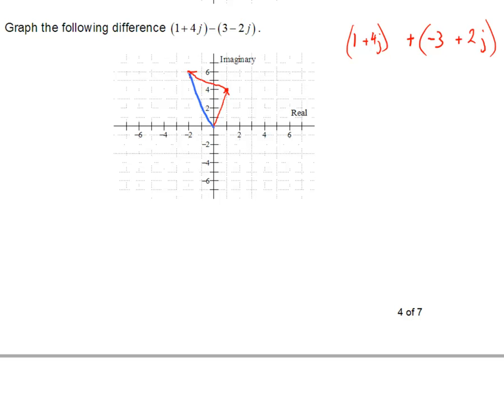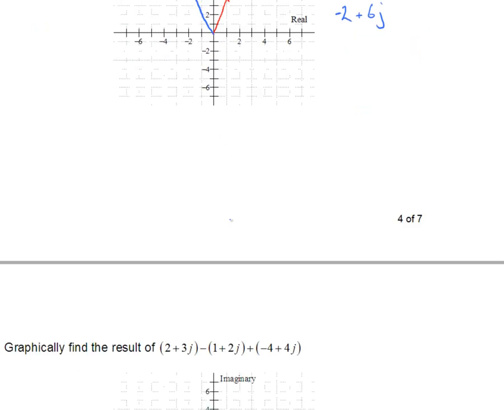So what we're saying is that this difference should be equal to -2 plus 6j. And so if we do that algebraically, 1 minus 3 is -2, 4 minus minus is +2 is plus 6j. So indeed, the blue does represent the result both graphically and algebraically.